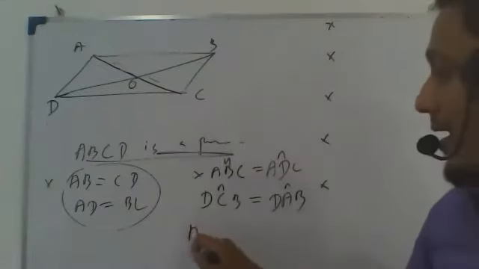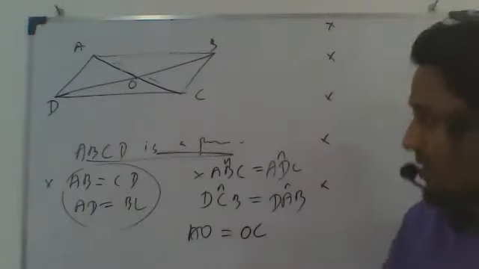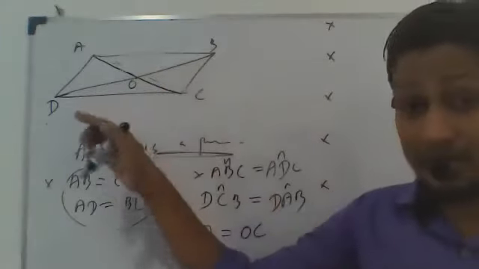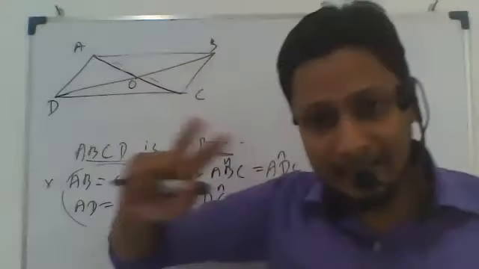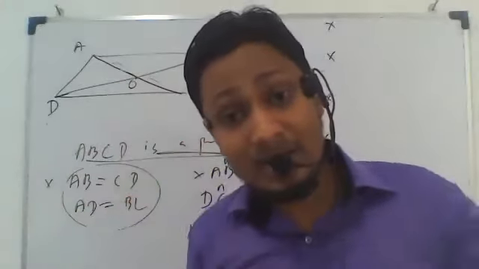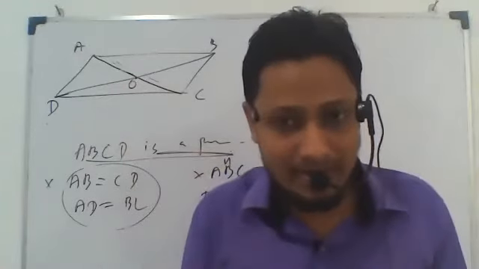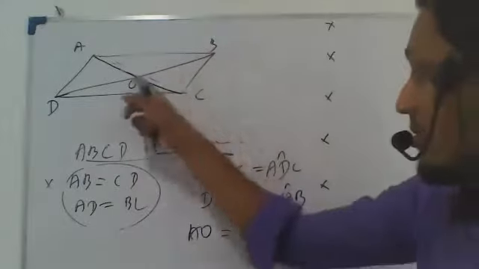Equal. AO and OC are equal. Not only that, the other one. Diagonals bisect each other. This one comes and cuts the other one into two equal parts. So what is equal? B?